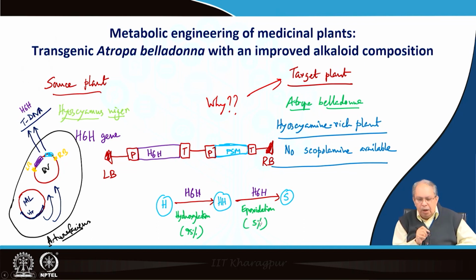Now, the beauty of this experimental design is this: Atropa belladonna is a hyoscyamine-rich plant and there is no scopolamine.